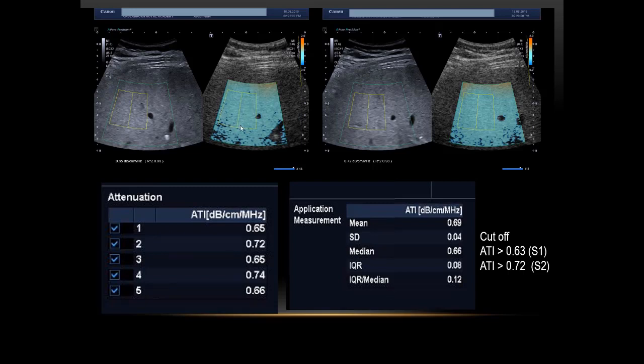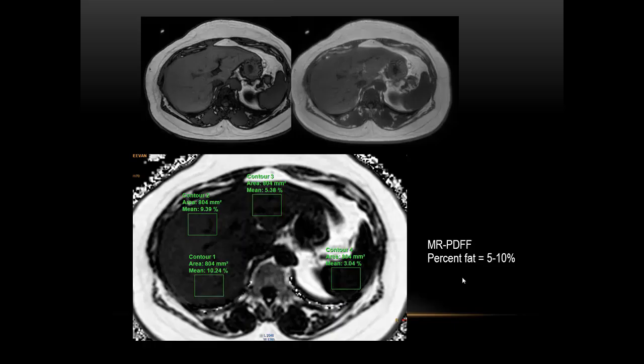On ATI you see the echogenicity is higher than the previous one, and the measurement is 0.69. This is considered between S1 and S2, mild fatty liver. We confirm with MRI-PDFF that it is mild fatty change, between 5 to 10% fat content inside the liver.